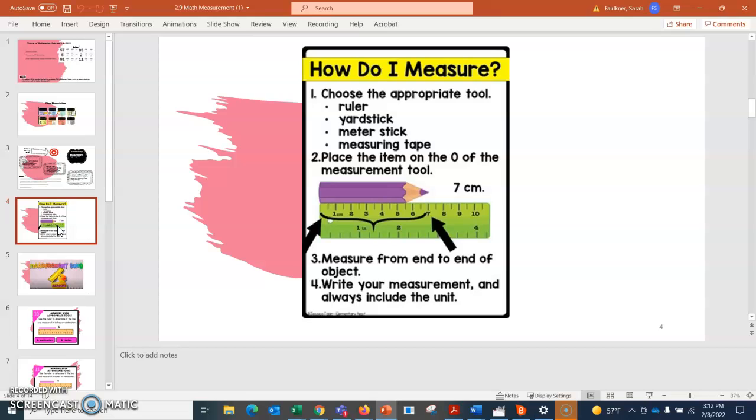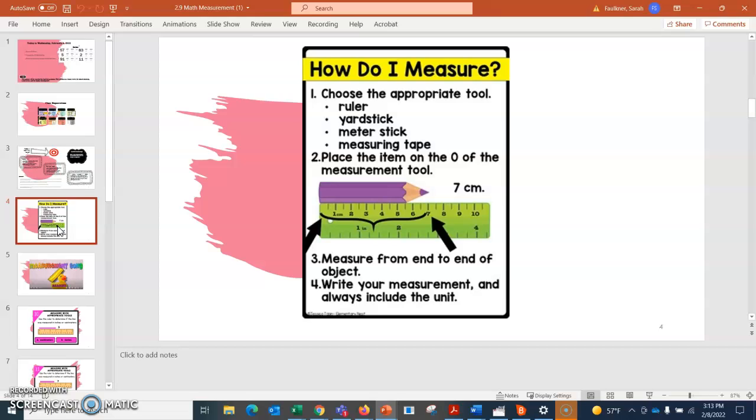A ruler is a foot or 12 inches long. A yardstick is 3 feet long, and so it's much longer than a ruler. A measuring tape can measure things that are round or don't have a straight edge. You can wrap the measuring tape around and still get an idea of how long it is.